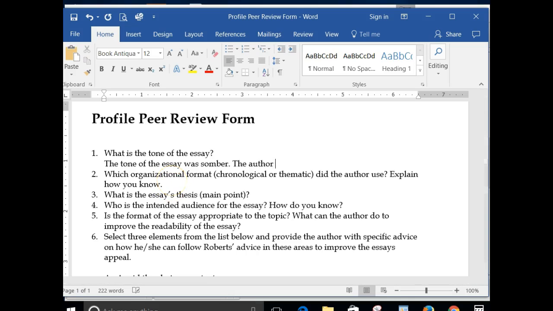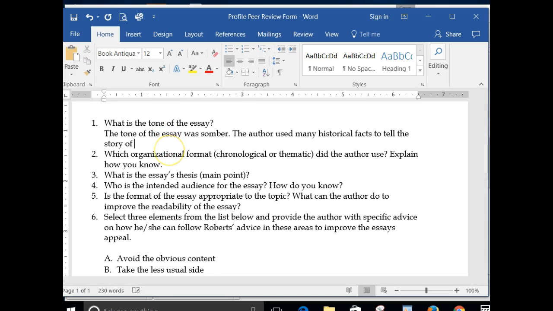The author used many, we'll say historical facts, to tell the story of her grandmother's escape from Germany during the time of the Holocaust.